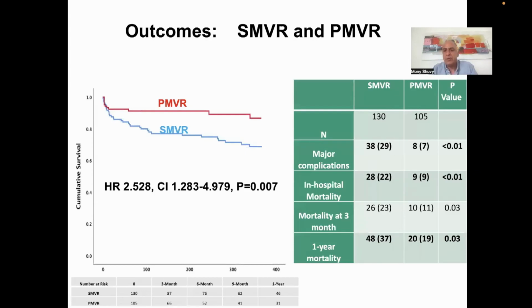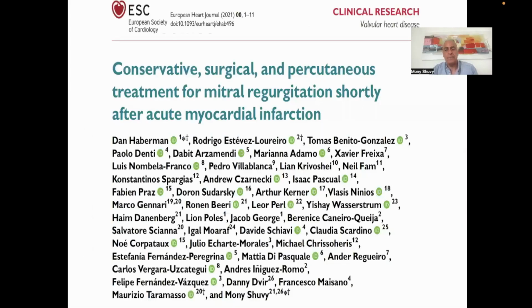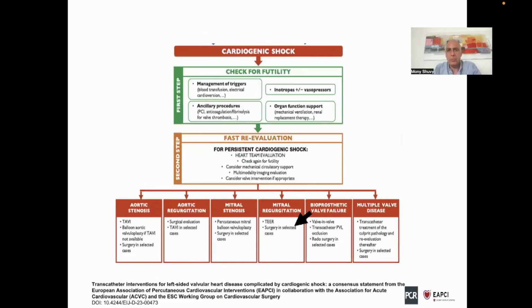One third of them had major complications, and this translated into an increase in in-hospital mortality that was much higher compared to the TEER, suggesting that TEER in this condition might be a safer solution than surgery. And we were able to publish these findings in European Heart Journal a few years ago.